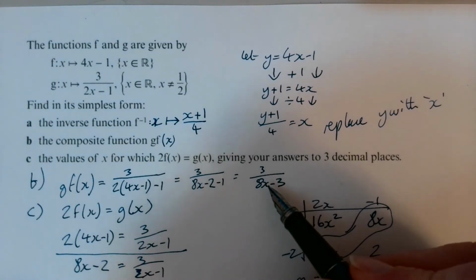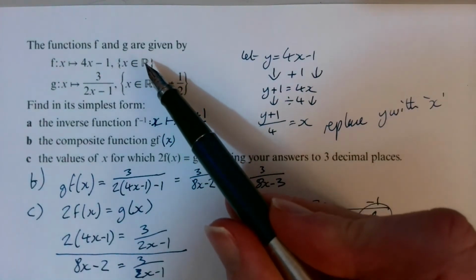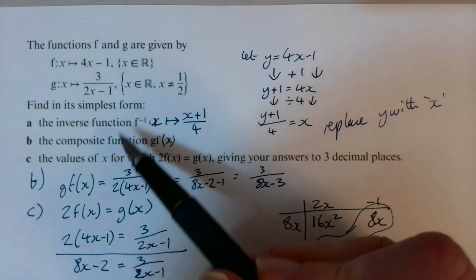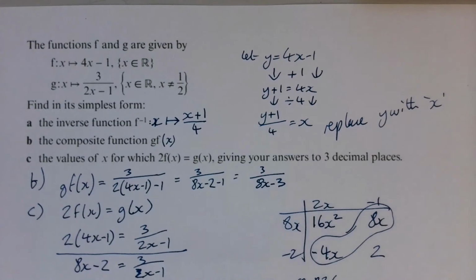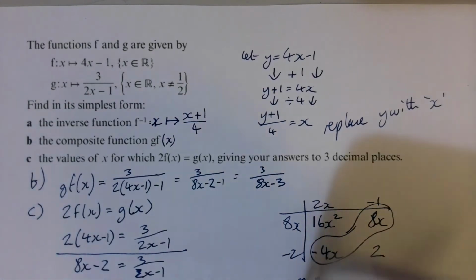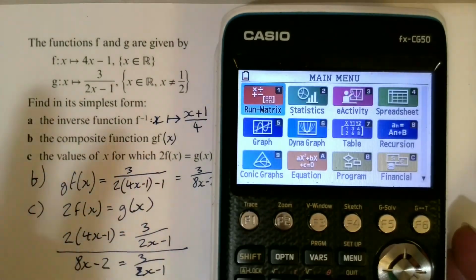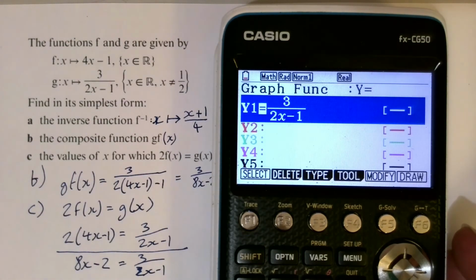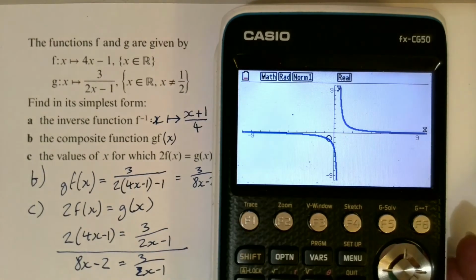And because we divide up here, you notice that it's all real numbers, any that you can put in there. For 3 over 2x minus 1, as well as all the real numbers, it also says not a half. Now the reason for that is if you were to have a little look at the graph of 3 over 2x minus 1, see I've very kindly set this up for us already.